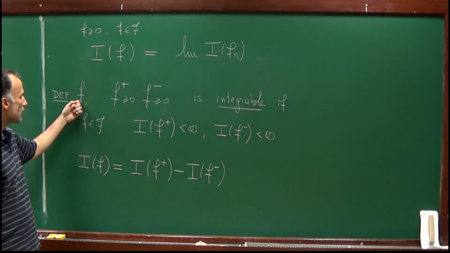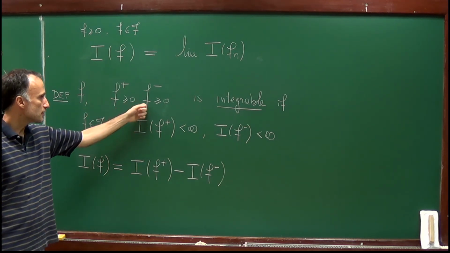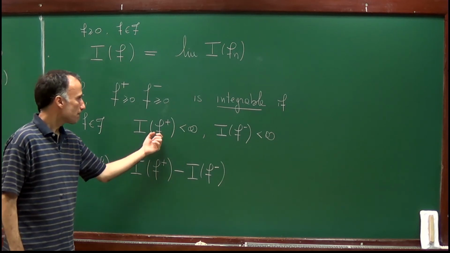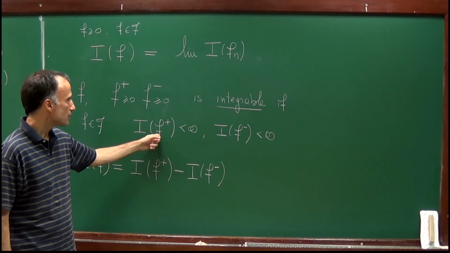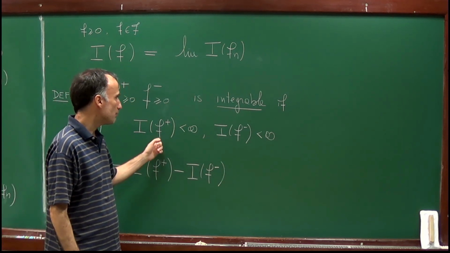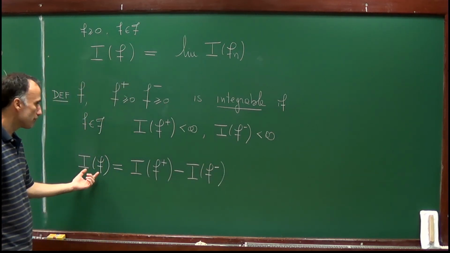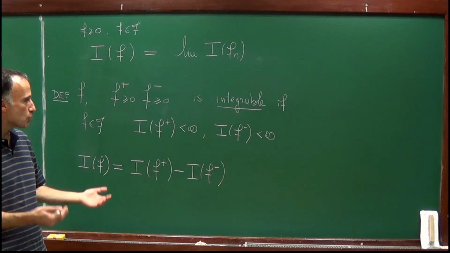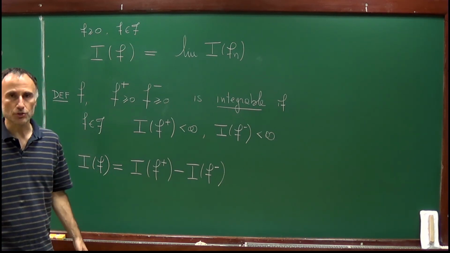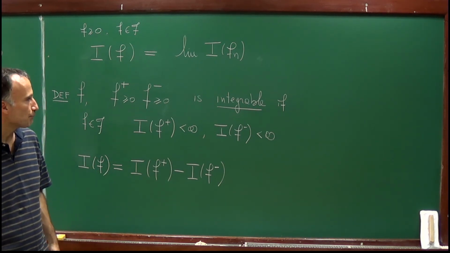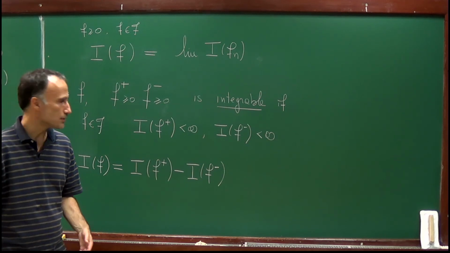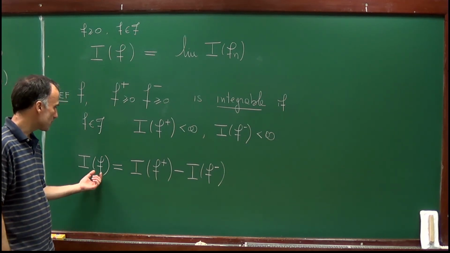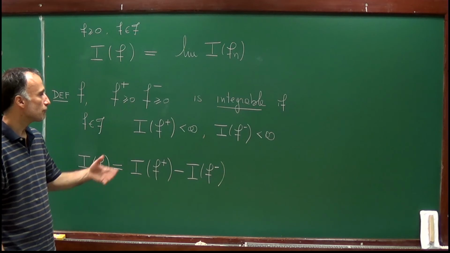If you consider a function f, you take both its positive and its negative parts. You know how to define the integral of its positive and negative parts. If both are finite, you just define the integral of f as the difference of these integrals, and that concludes the definition of the integral. So now what I will do in the next lectures is to prove properties of the integral of an integrable function.